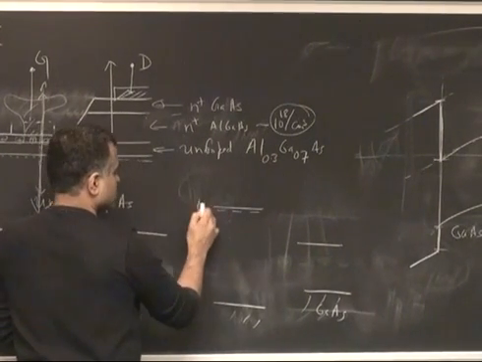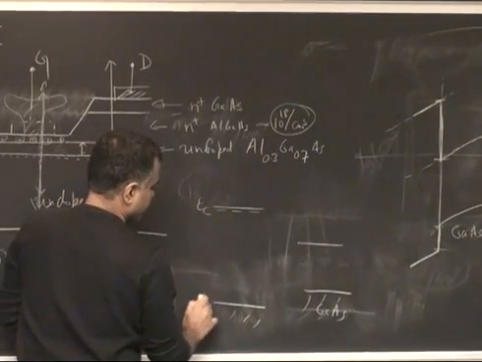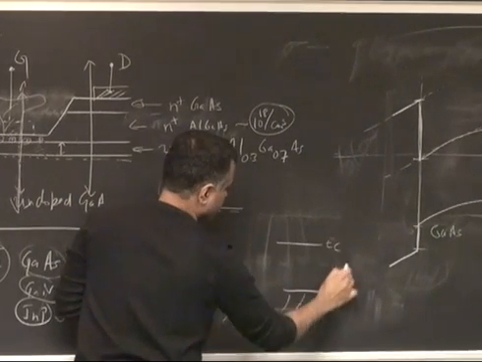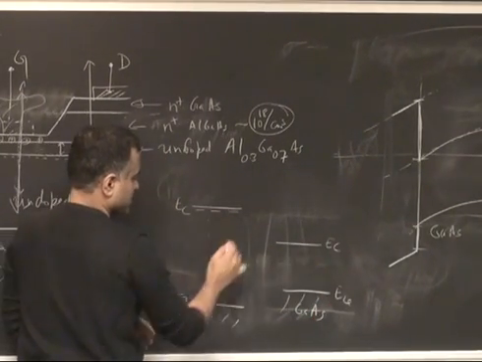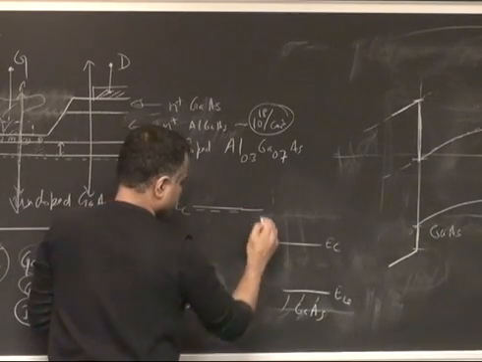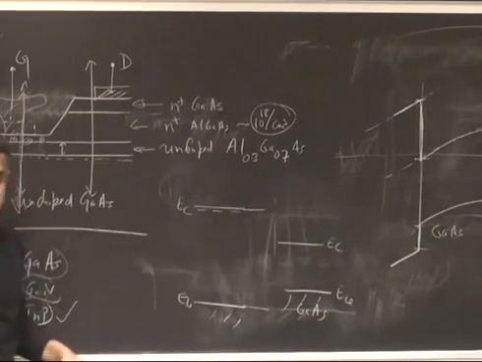They are close to the conduction band of AlGaAs. Okay? And here's the conduction band of GaAs, the narrow gap region. No dopants here, but the dopants are sitting here, and there's about a 5 nanometer spacer region in between. Right? That's what we have done before.